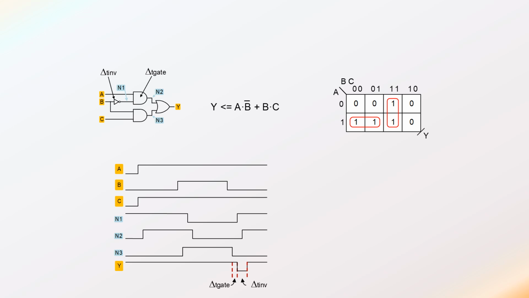Now, that negative excursion wasn't planned. We didn't want it to be there. It's not part of the function of the circuit we had imagined, but it is there, and it's there because of the inverter. The inverter added some delay to one leg of the circuit, but not the other. And that delay showed up in the timing diagrams you can see for node 1, node 2, and node 3.